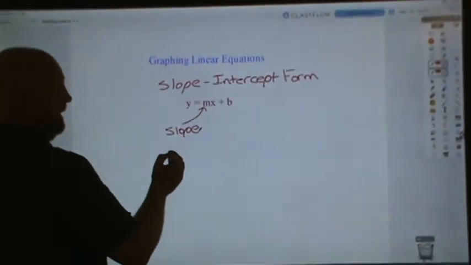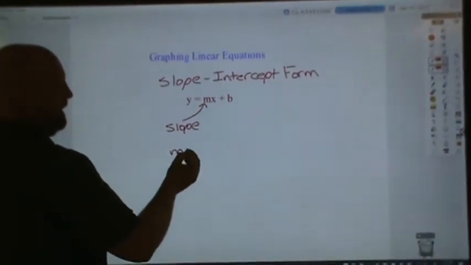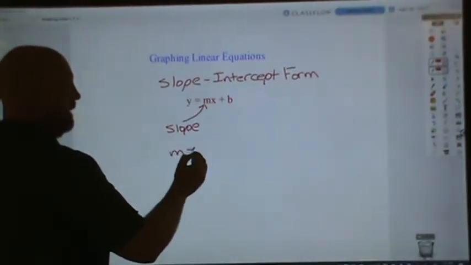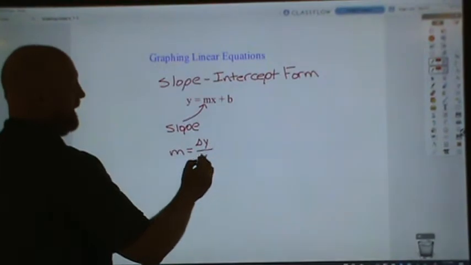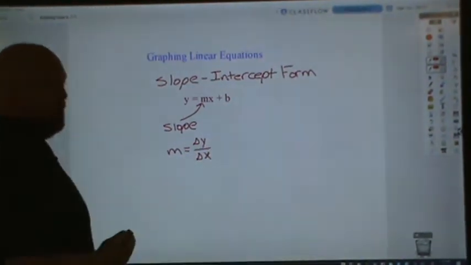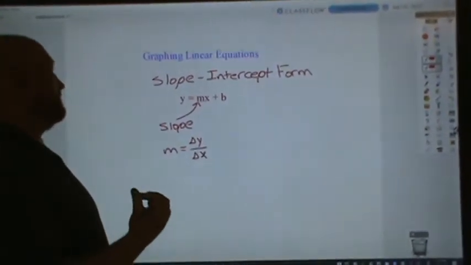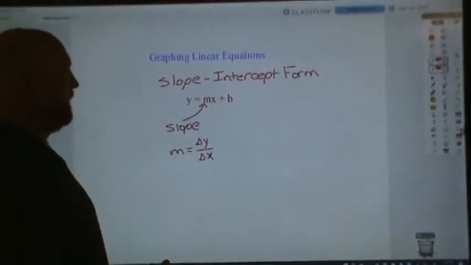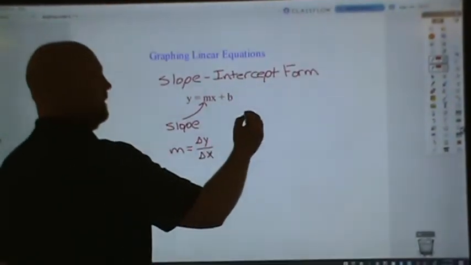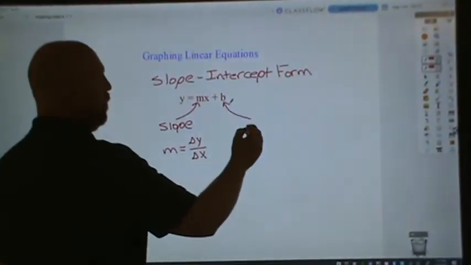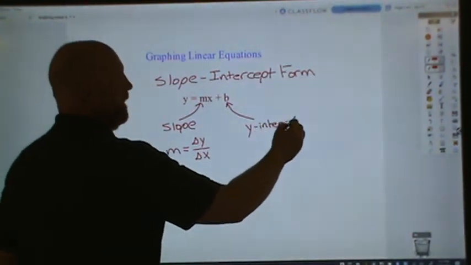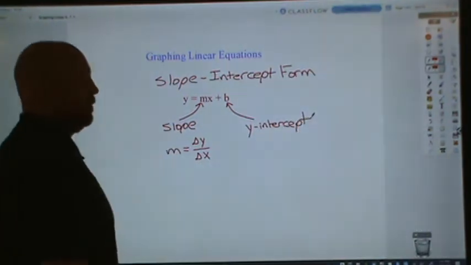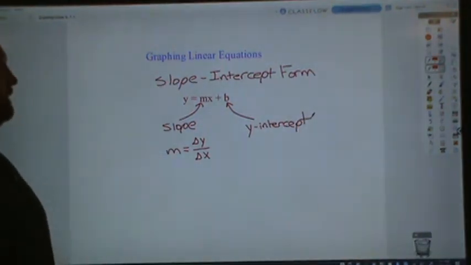And when we have an m, we typically want to write that in some sort of fractional form where the top number is our change in y and the bottom number is our change in x. When we have that fraction, it tells us how to move along the graph. The second number over here, this b, is the y-intercept. It's where our line crosses the y-axis.